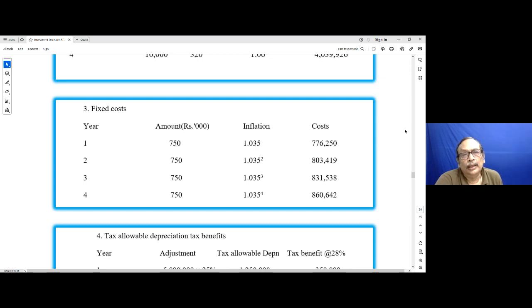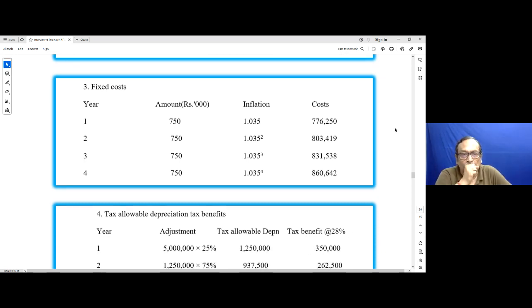Now, the amount we are having is 750, inflation rate is 1.035. So the cost we get is 776050. Year 2 amount is 750, inflation 1.035 to the power 2, that is 803419.